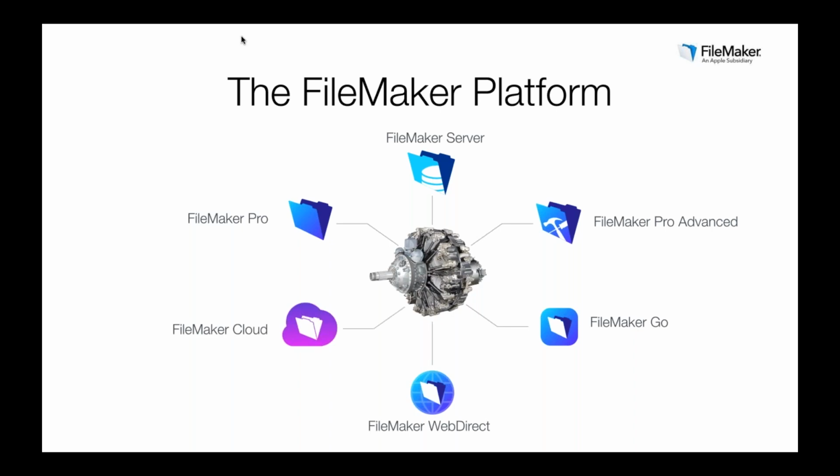So now we have a full product line all around the Draco engine, fully taking advantage of the combined interface, data layer, and logic layer in one application. And that's what Draco gives us as a competitive advantage as a company and as a product.